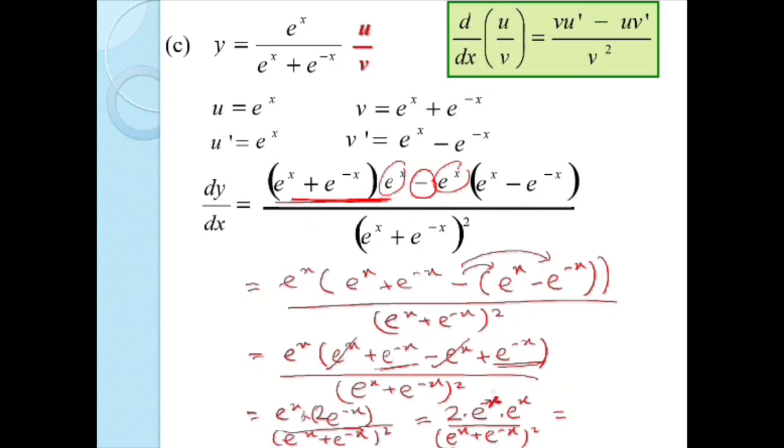That simply means e power negative x plus x, because when you multiply, the power will be plus. So negative x plus x is just 0. So e power 0 is equal to 1. That's why this term would be equal to 1. So 1 times 2 is just 2. And that's your simplified answer for this question.